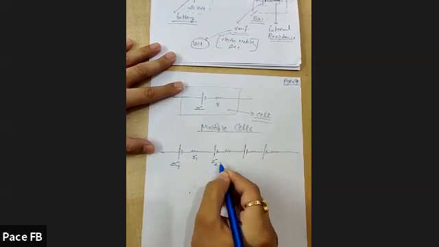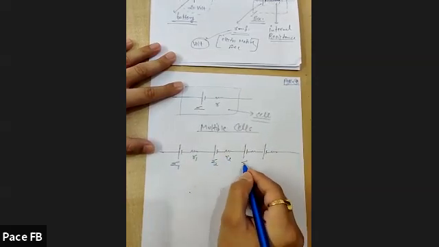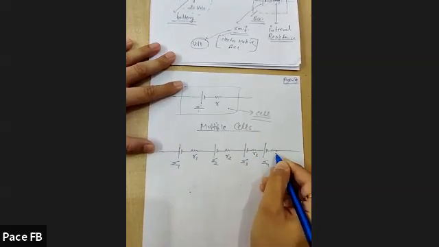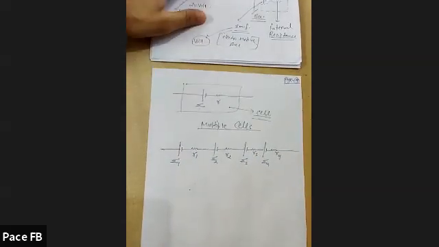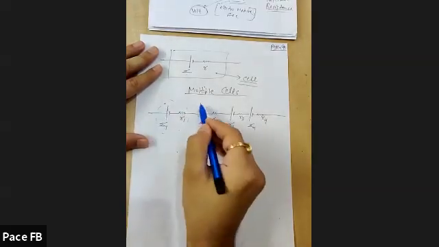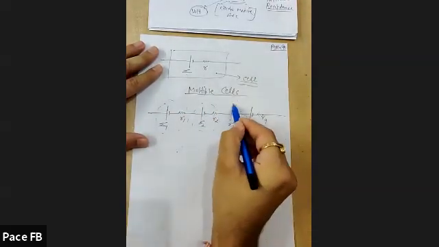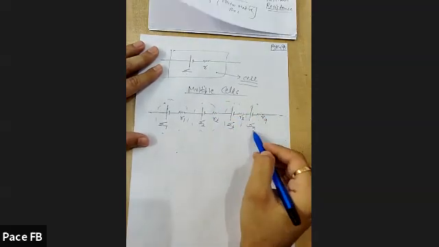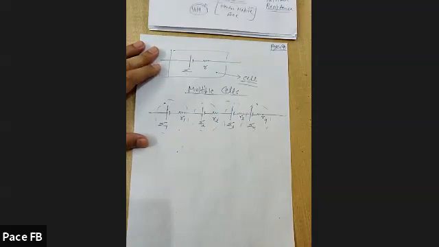This one is having E2, this is R2. This one is having E3, this is R3. This one is having E4, and this one is R4. So we have got the first cell, the second cell, the third cell, and the fourth cell.